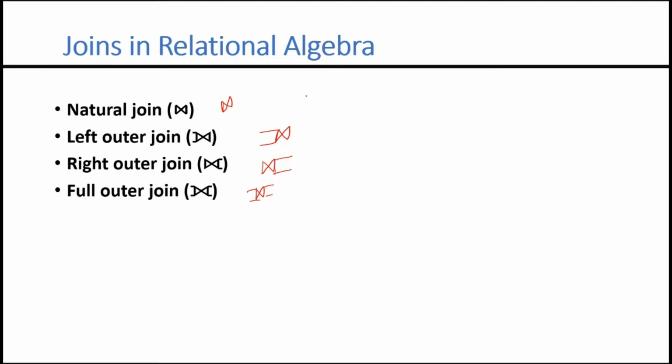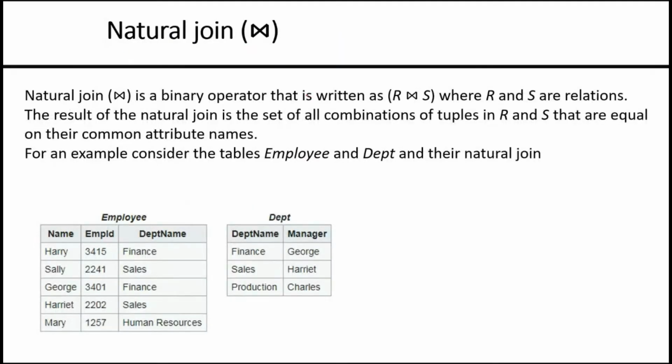So first we'll study the natural join, students. As I said, it's a binary operator. What is the meaning of binary operator? Two relations are required. It is written using this symbol, and you only have to write this expression and it becomes a perfect relational algebra query.